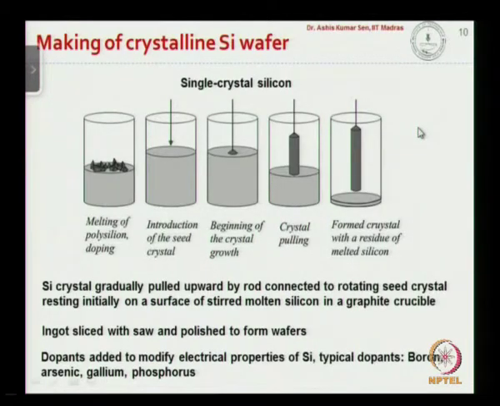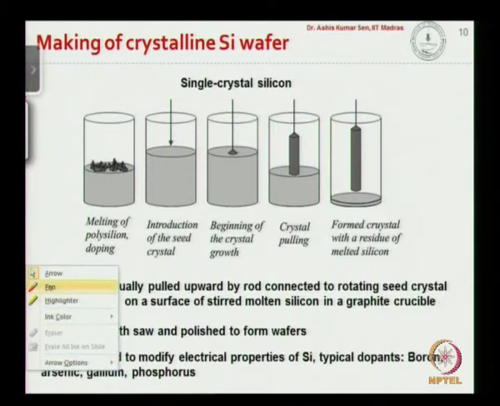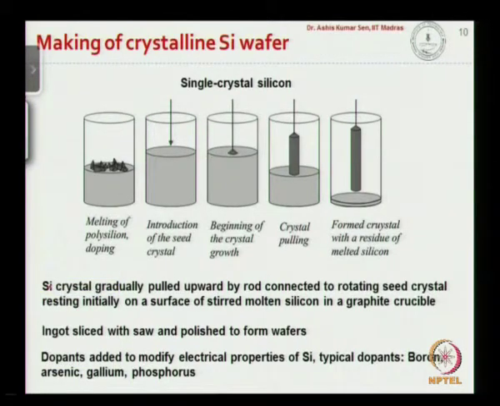Here is the process used to create single crystal silicon. We take polysilicon and melt it in a graphite crucible, and then we introduce what is called a seed layer. The seed layer has the crystal structure we want for the silicon ingot.